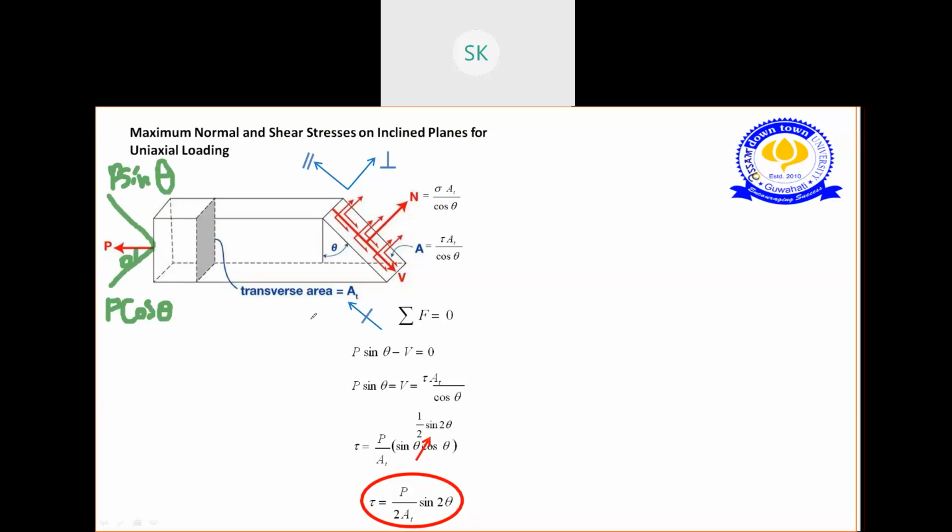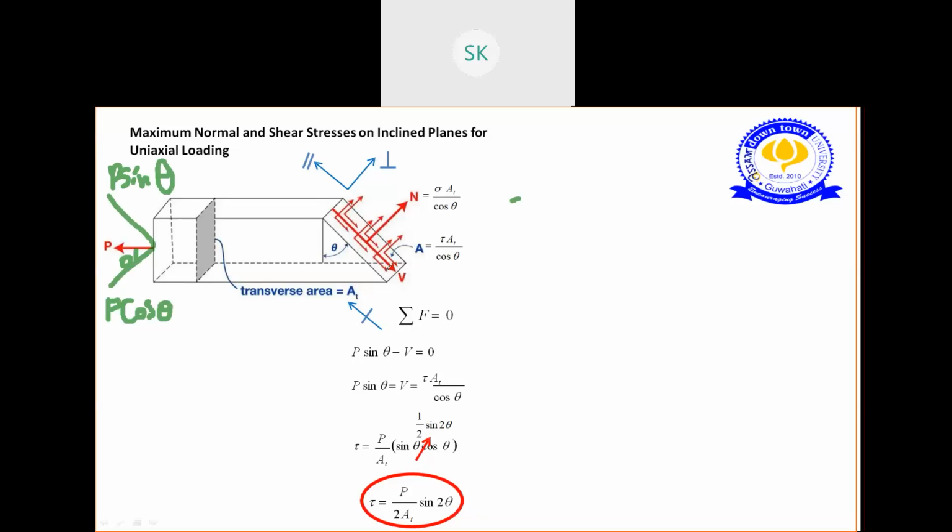Now I equate all the forces in the perpendicular direction. Summation of forces in the perpendicular direction is equal to 0. This is one perpendicular force, and I'm taking it as positive.